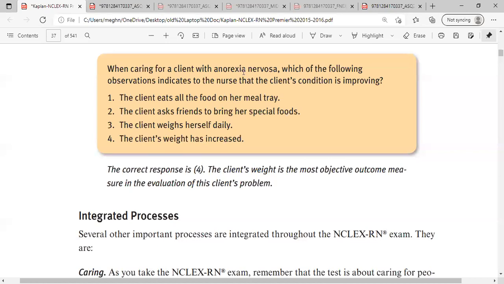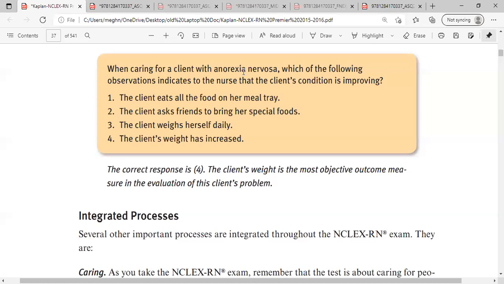Anorexia nervosa, basically the patient has lack of appetite or loss of appetite. When anybody loses appetite for food, it means they do not eat. If you do not eat, your body weight is supposed to go down. But when you are under treatment and eating enough, your body weight will increase. Anorexia nervosa is an emotional disorder.